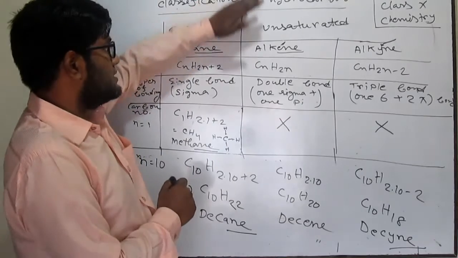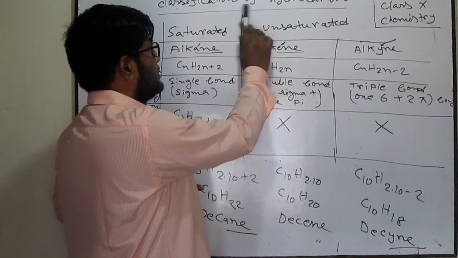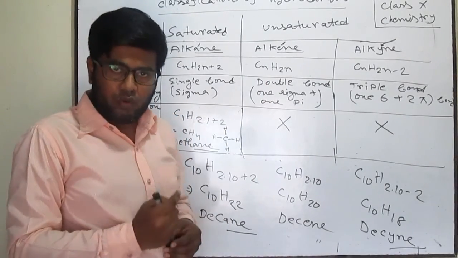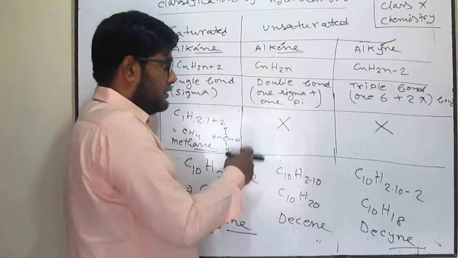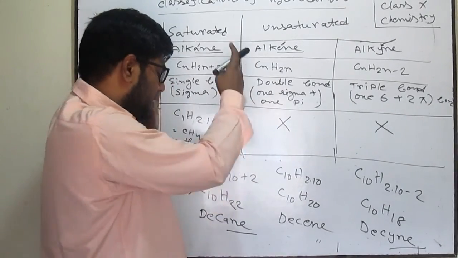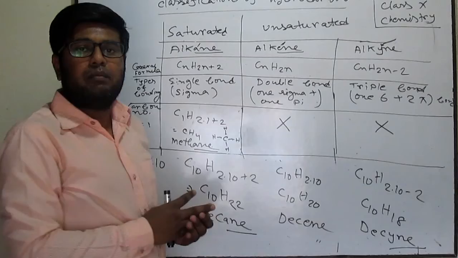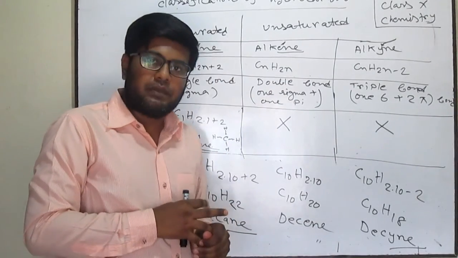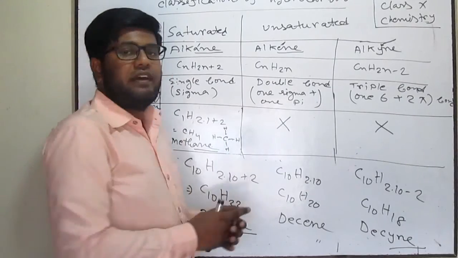Okay. Understand about the classification of hydrocarbons. So at home, you write about these hydrocarbons this way. This way you can make a chart. This lecture should be written on a chart paper, and you can classify them.